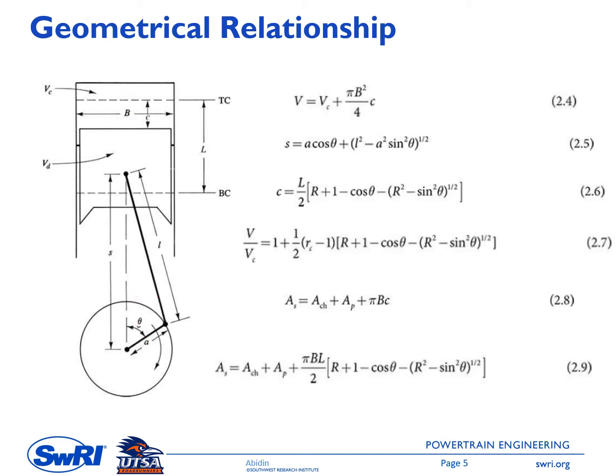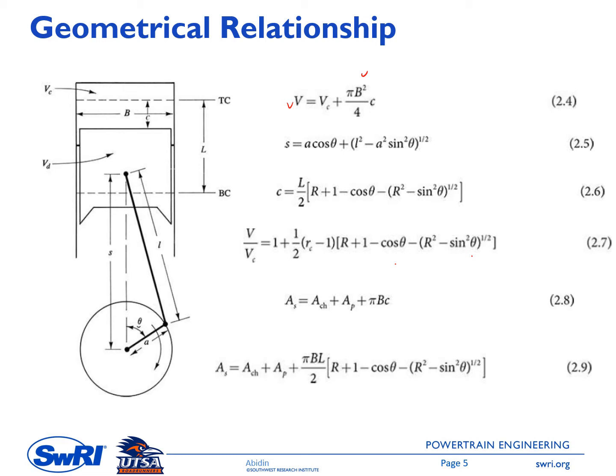Next equation is the cylinder volume. So this is instantaneous cylinder volume, V. V is the sum of Vc plus the volume swept by the piston as it's moved from TC to a certain position.